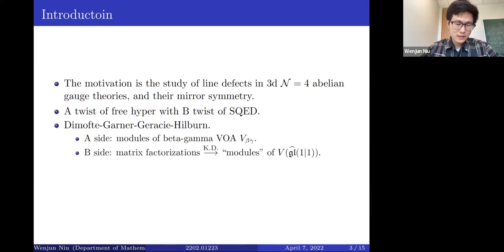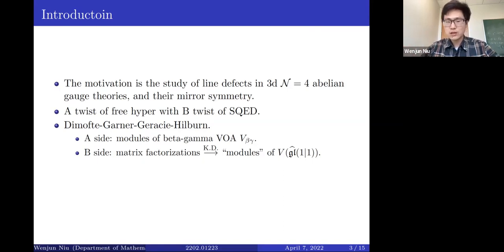For the B side, they started with this matrix factorization category, and you can Koszul dualize two of the variables, and that gives you quote unquote modules of this affine Lie algebra associated to this GL(1|1) Lie superalgebra.